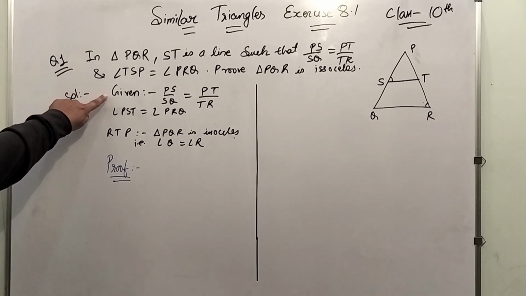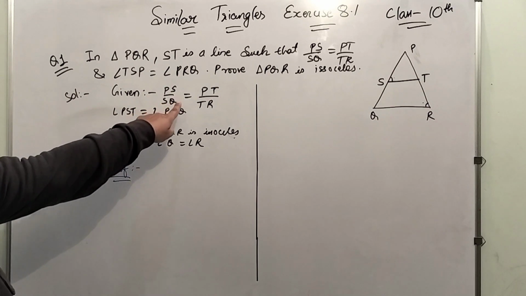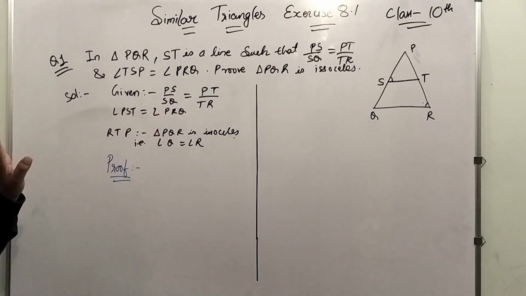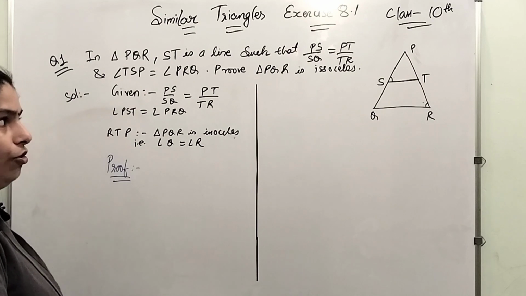So the given values I have written here: PS by SQ is equal to PT by TR, and angle PST is equal to angle PQR. And we have to prove that triangle PQR is isosceles. That means we have to prove angle Q is equal to angle R.